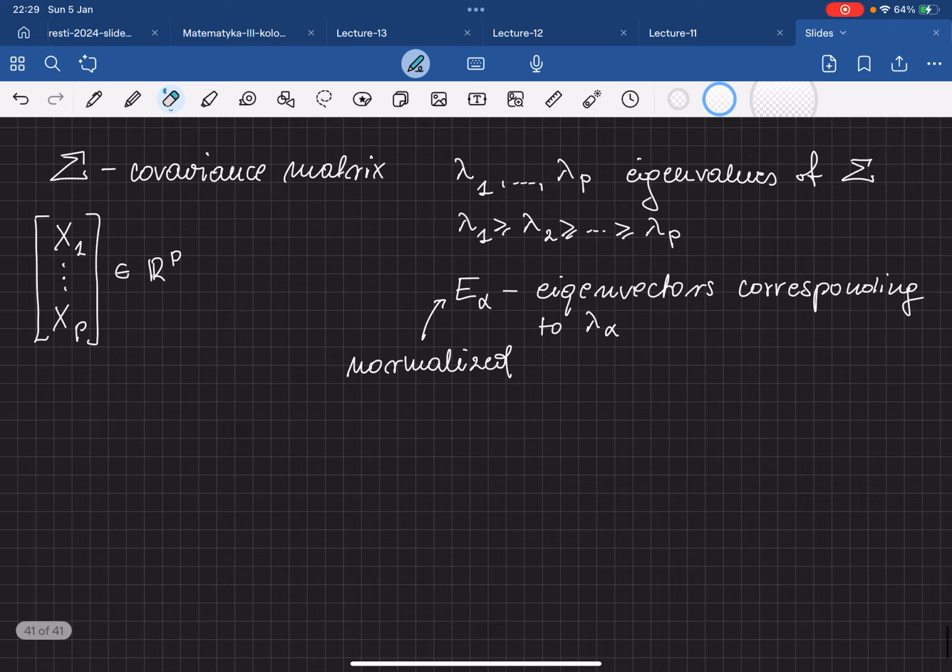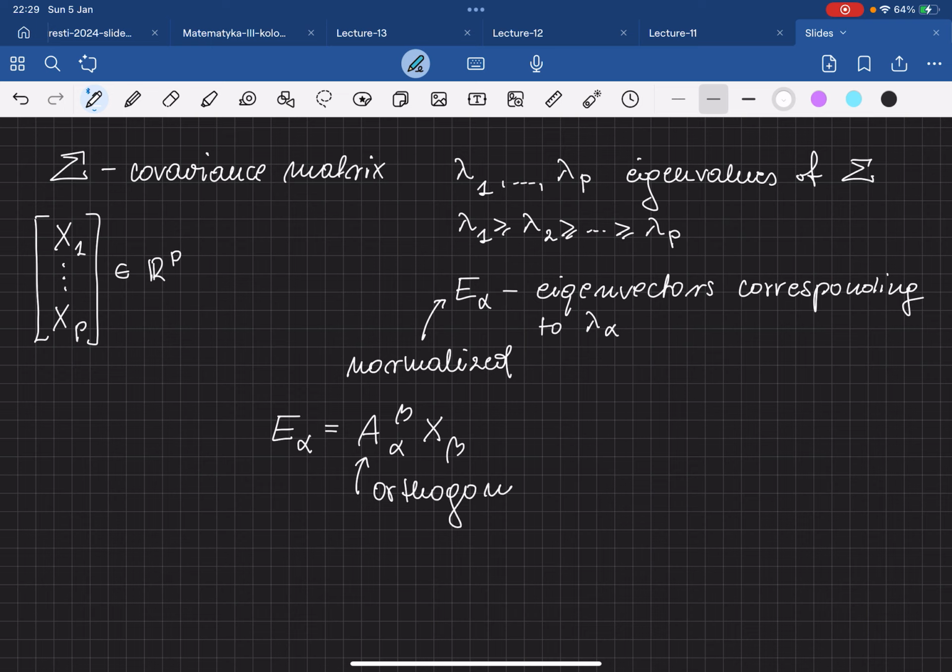This means that the relation between initial variables and those E alphas is by means of a matrix which is again orthogonal, because it transforms the canonical basis, which is orthogonal, to the basis of eigenvectors, which, according to the spectral theorem, also are orthogonal.